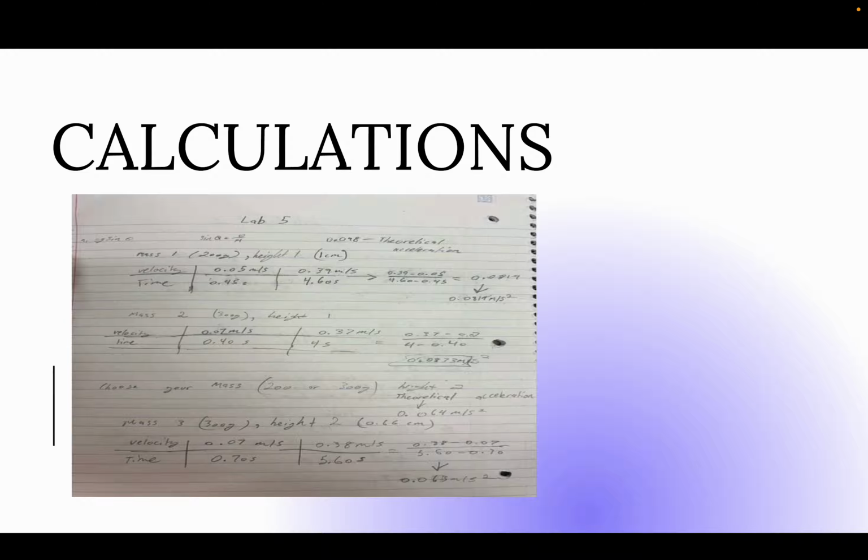Next, a second calculation was performed using mass 2 of 300 grams, keeping a similar setup in the experiment. In this case, the initial velocity was approximately 0.02 meters per second with a time of 0.40 seconds, while the final velocity was around 0.37 meters per second with a time close to 4 seconds.